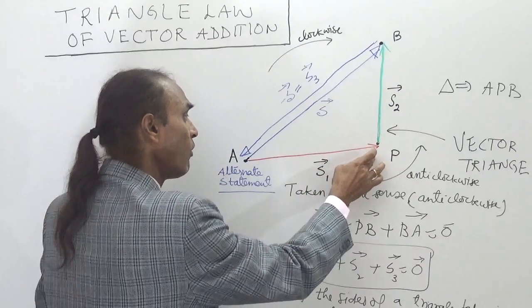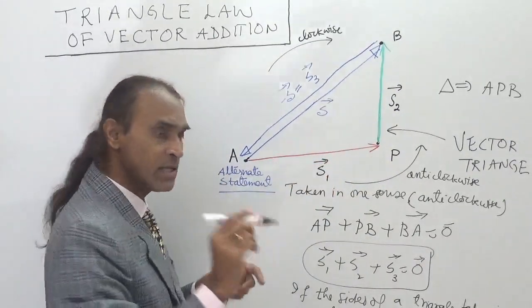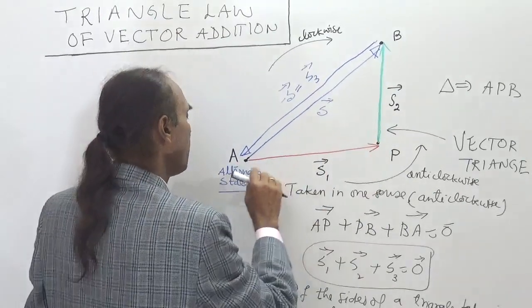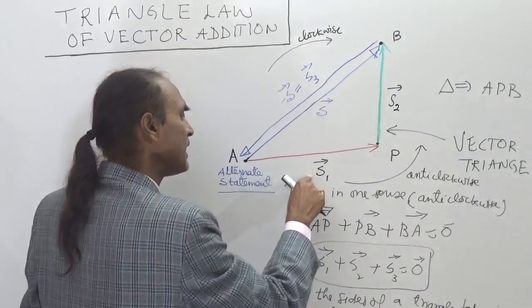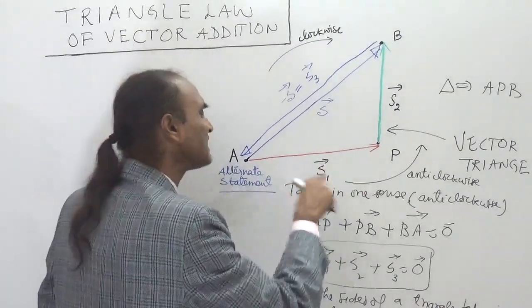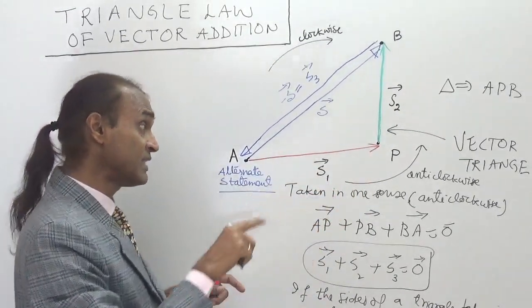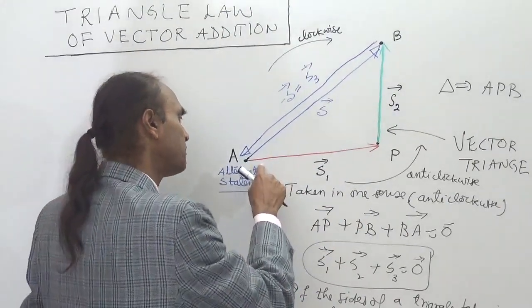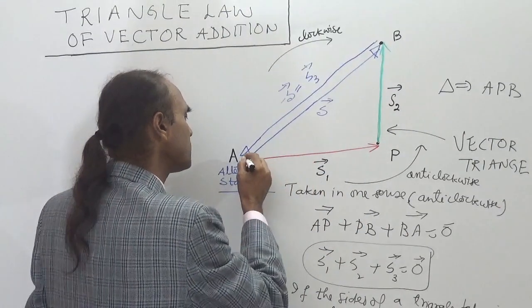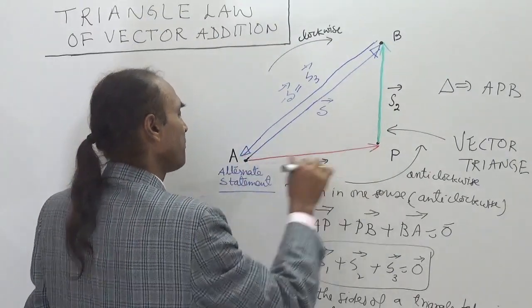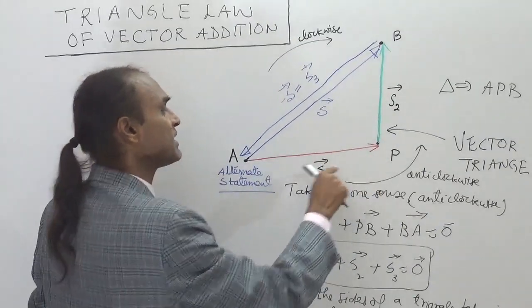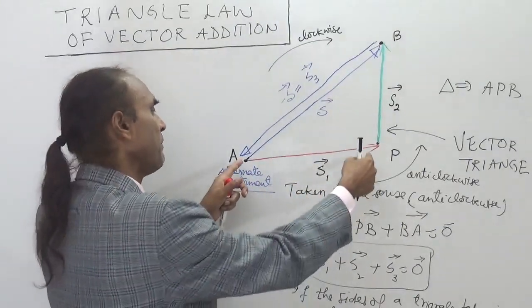But this arrow itself is the displacement because the tip of the pen itself is moving from A to P. Therefore, AP is the displacement or AP represents the displacement. There is a difference. But in this particular case, when the tip undergoes the displacement from A to P, AP is the displacement S1 and AP also represents the displacement S1 because AP is an arrow.